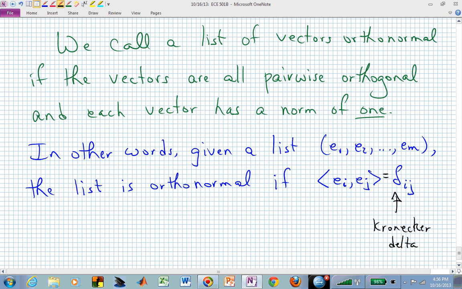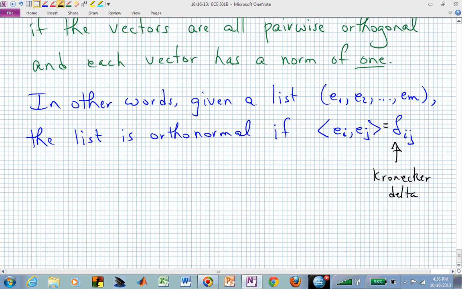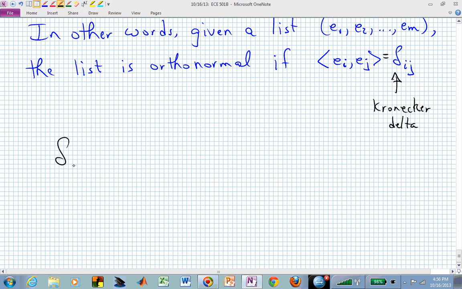That means it's 1 if the subscripts are equal and 0 otherwise. What we're meaning by that is delta sub ij is equal to 1 if i is equal to j and it's 0 otherwise.